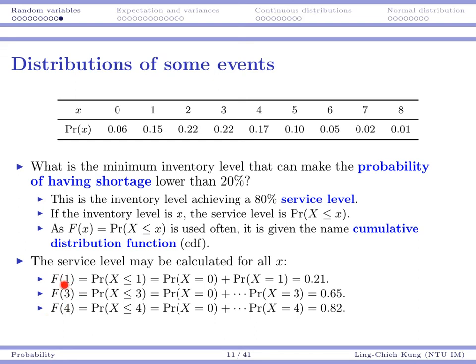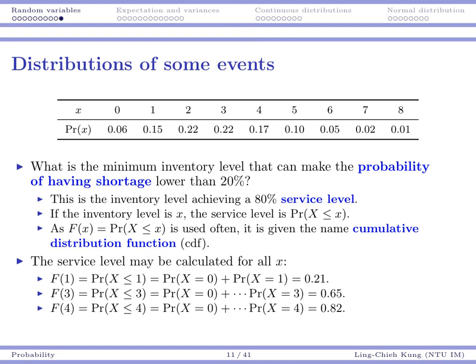If I ask what's F of 3, then that's the probability for X to be less than or equal to 3. I have 3 apples and only less than or equal to 3 customers coming. In that case, it's 6 plus 15 plus 22 plus 22, and that gives me 65%. Or F of 4, that's 84%.